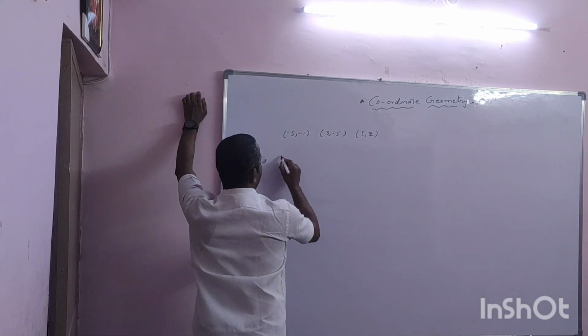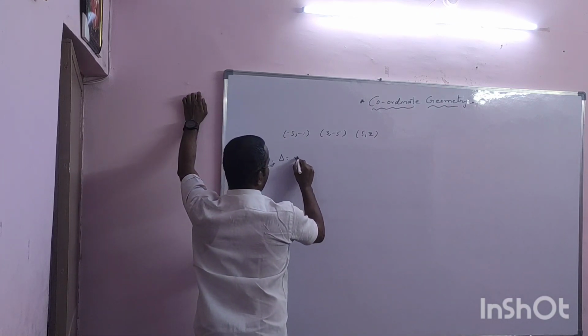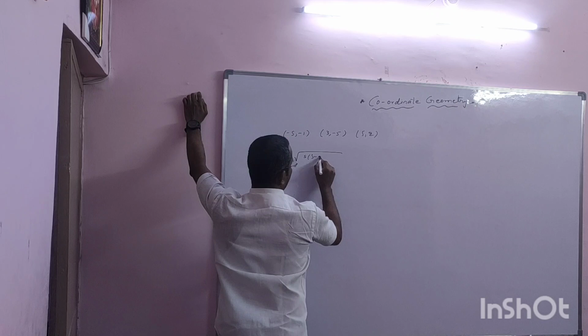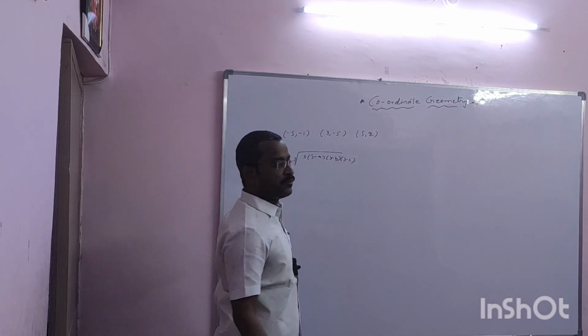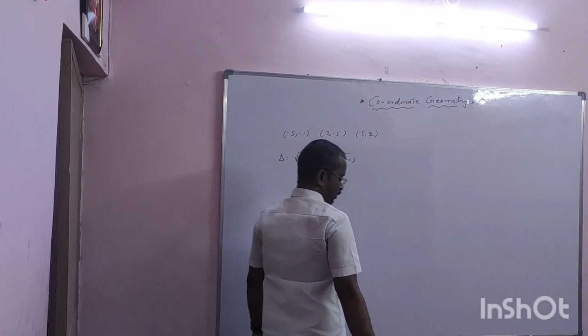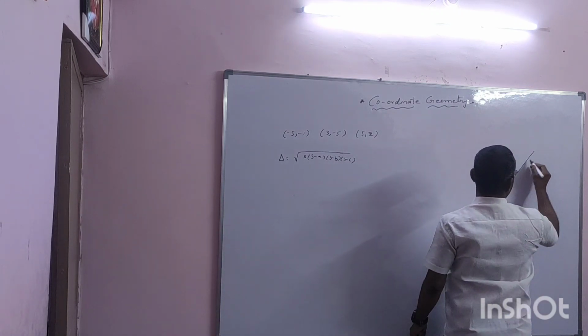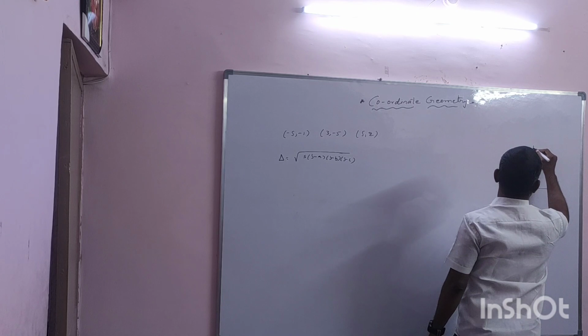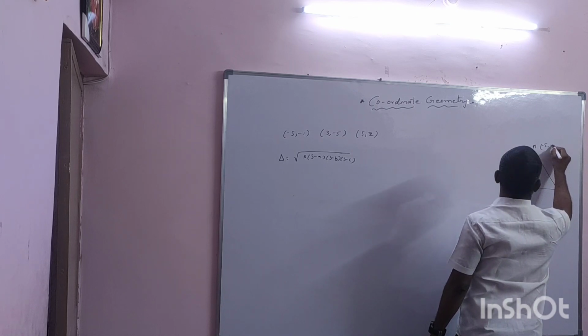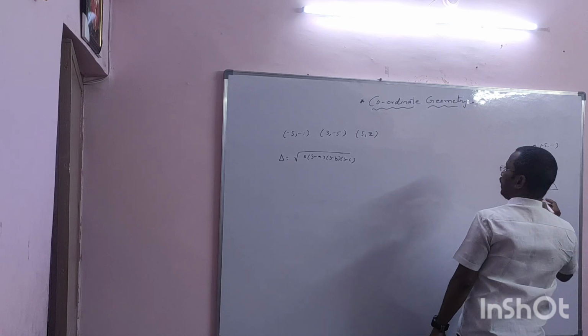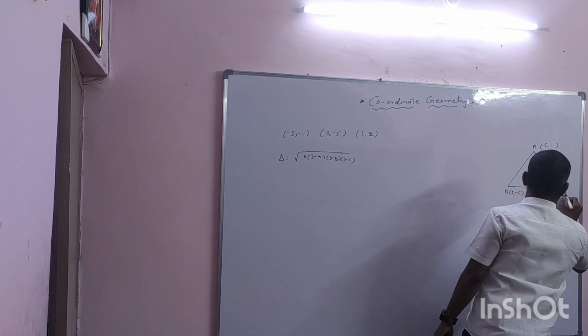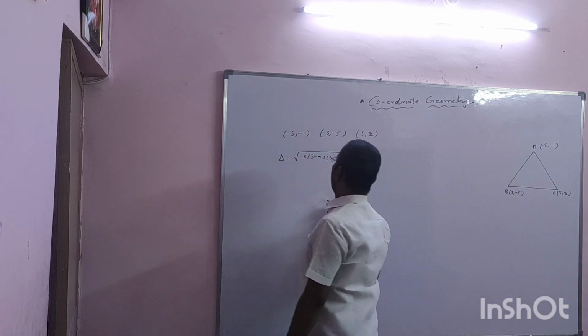Now you have Heron's formula to find the area: delta is equal to under root of s into s minus a, s minus b, s minus c. What do you do in this case? So let's take it as a triangle: A of minus 5 comma minus 1, B of 3 comma minus 5, C of 5 comma 2.